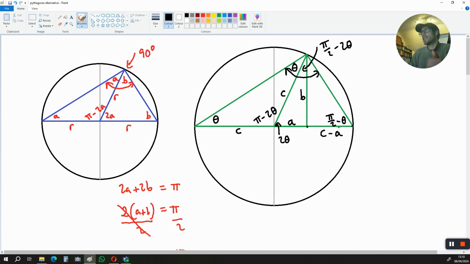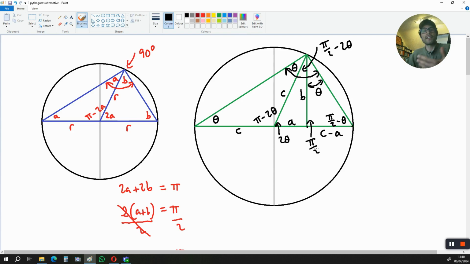Now, if this is pi over 2 minus theta, then this angle over here has to be equal to theta. And obviously this angle over here is going to be a right angle, and that's pi over 2 radians.